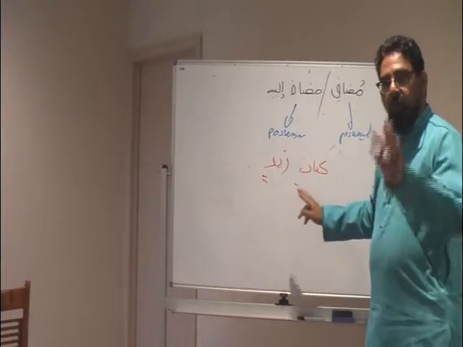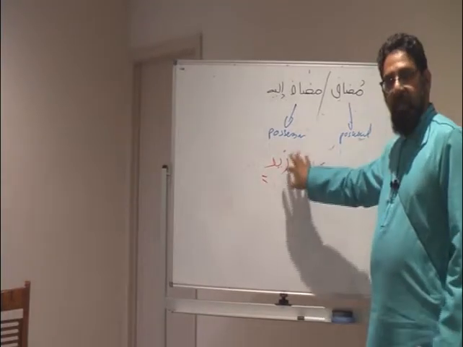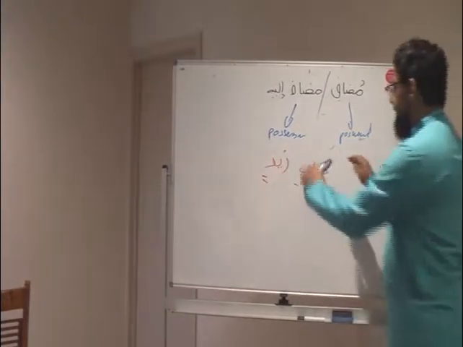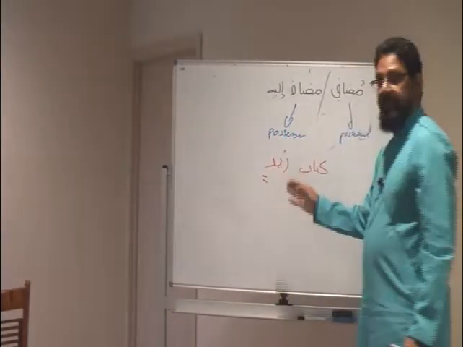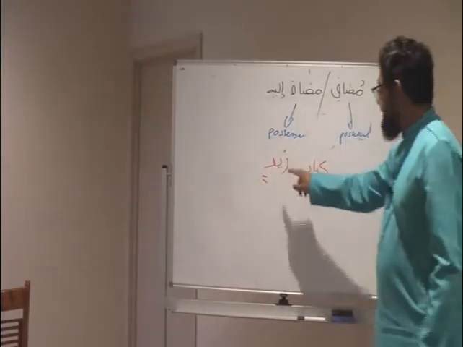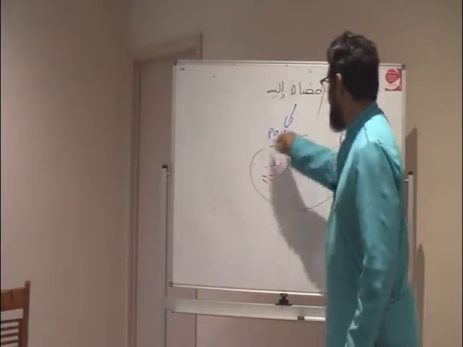So you're quite right, in nominative sentences it starts with a dhamma, the mubtada. But in here we're just talking about an isolated phrase. So kitab zaydin. There might be some words before it and words after it in terms of the jumla, but this in isolation as a phrase has to be like this.